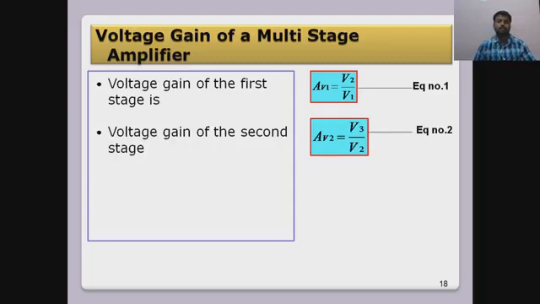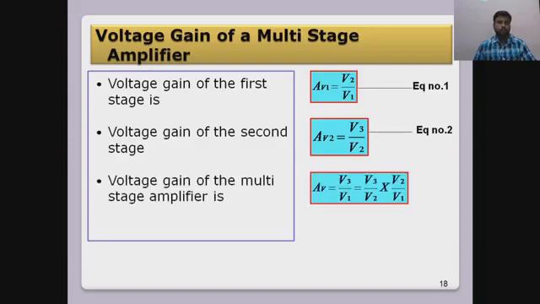So now AV2 is given by V3 by V2. The overall voltage gain of the multi-stage amplifier is now AV equals V3 by V1. But we can write V3 by V2 into V2 by V1, as V2 gets cancelled.